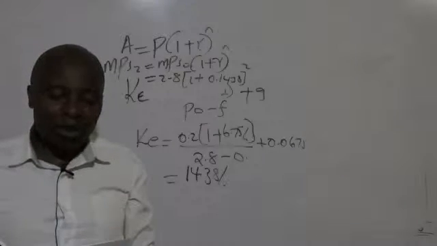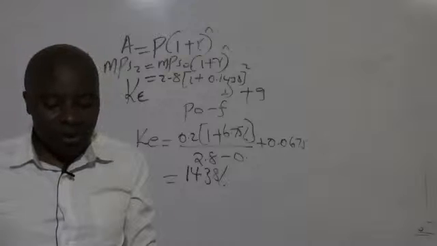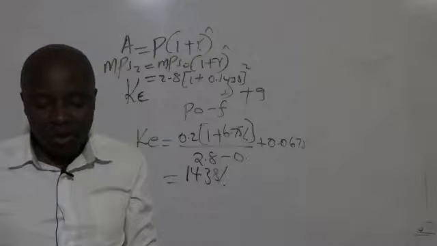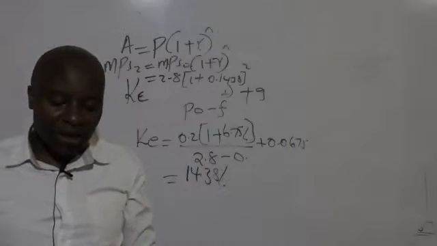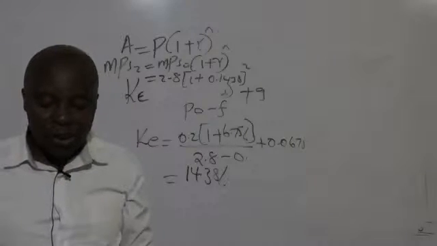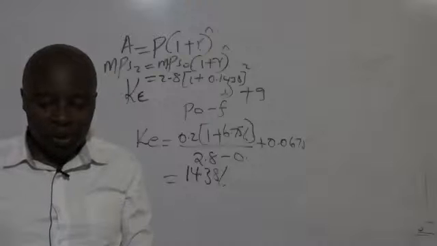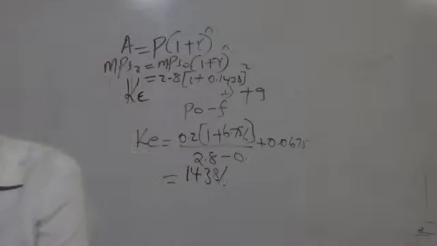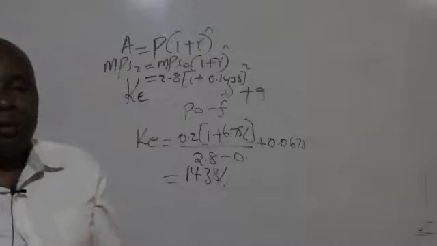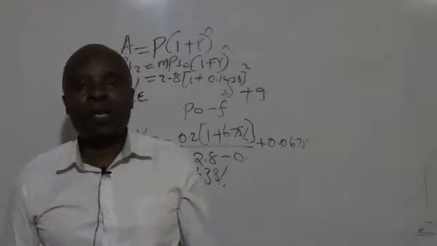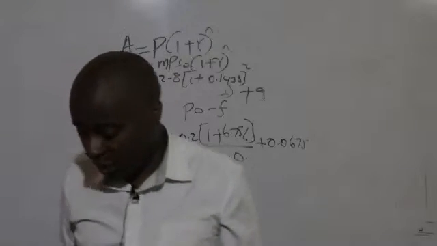Remember, they don't want us to get just return on equity. They don't want us just to get G. They want us to get return on equity using Gordon's growth approximation method. Remember Gordon spoke about ascertainment of the growth in dividends.